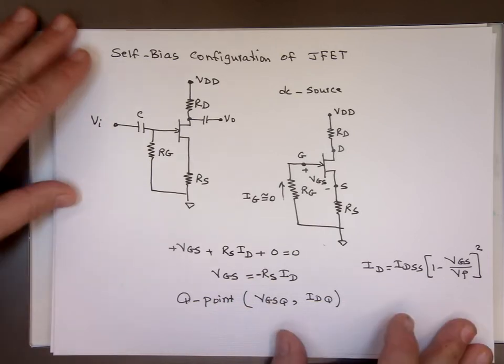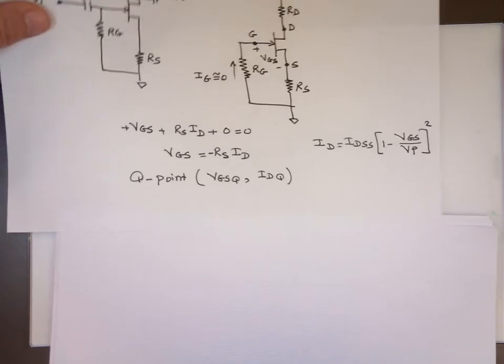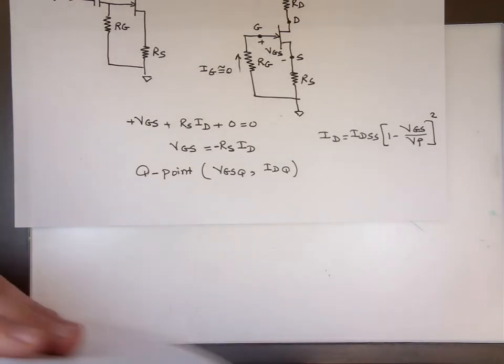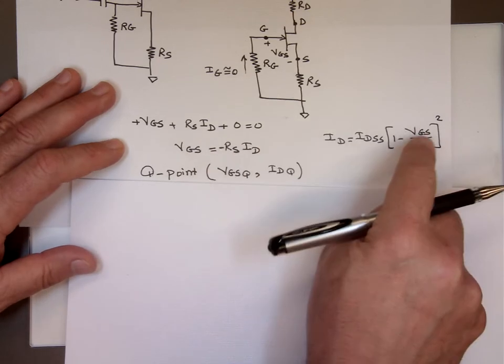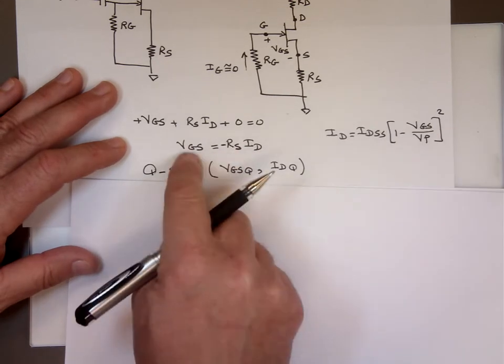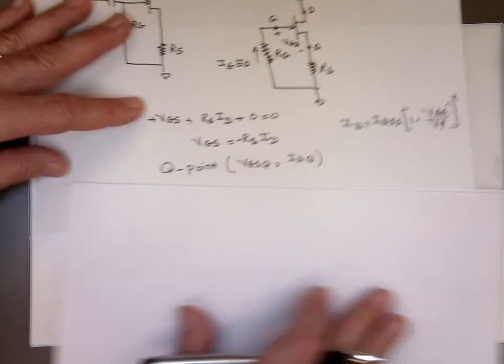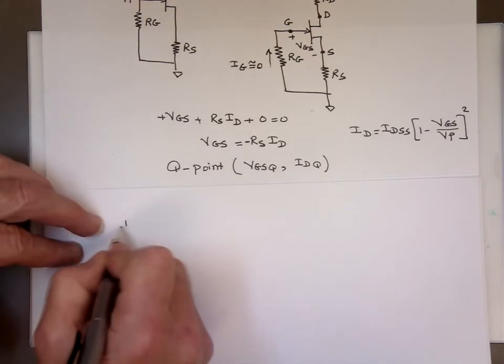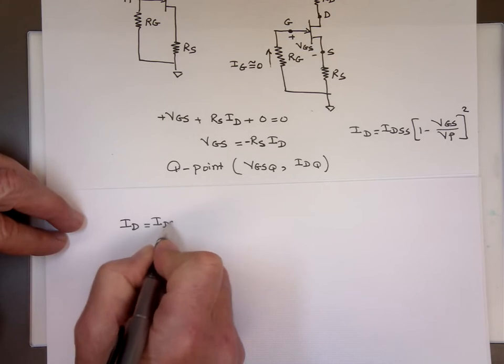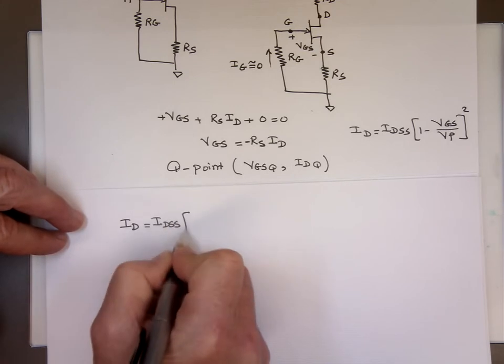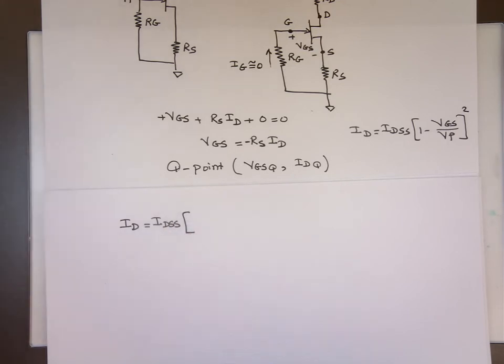So let's do that substitution. I just finished saying that VGS is equal to this. Go to that equation and replace VGS with this value. So this becomes I sub D equals I sub DSS, again, we call it I sub DSS. Why?